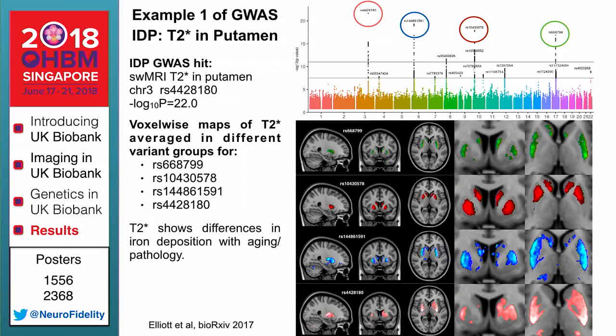It is known in the literature that the T2 star shows how the iron is deposited and how that is affected by aging and by diseases. And it's also known in the literature how the genes that these SNPs belong to are associated with iron transport and deposition. So we are showing the relationship between imaging, diseases, and genetics.